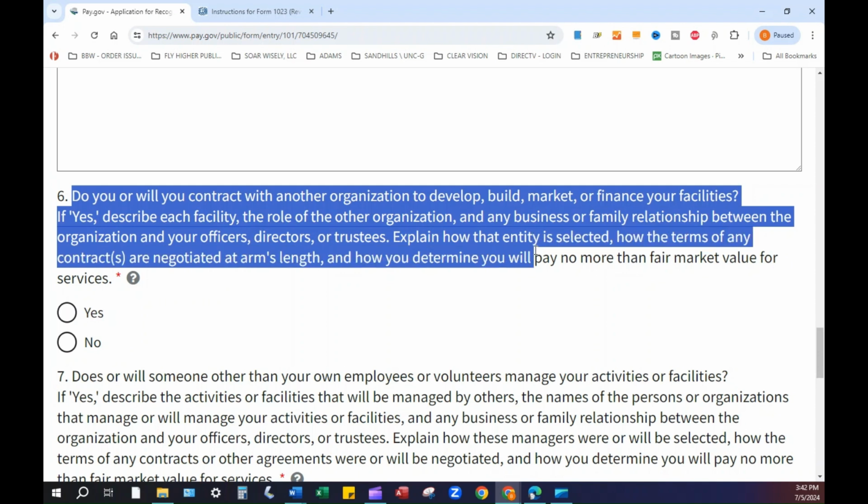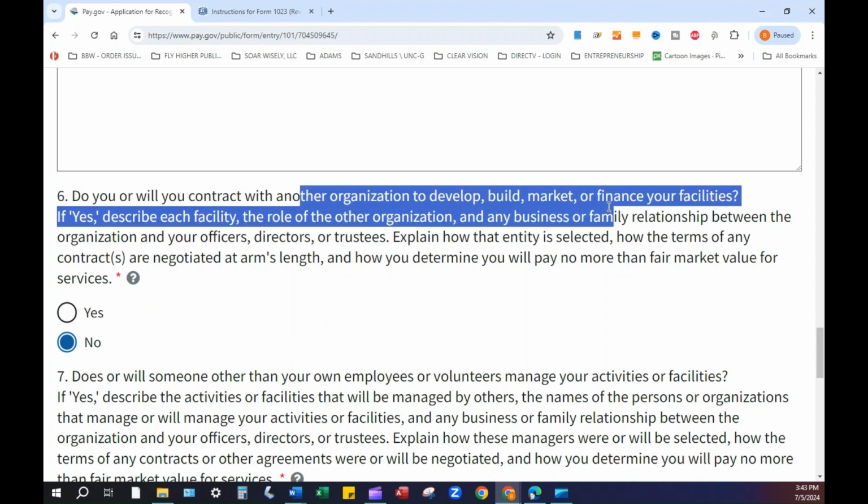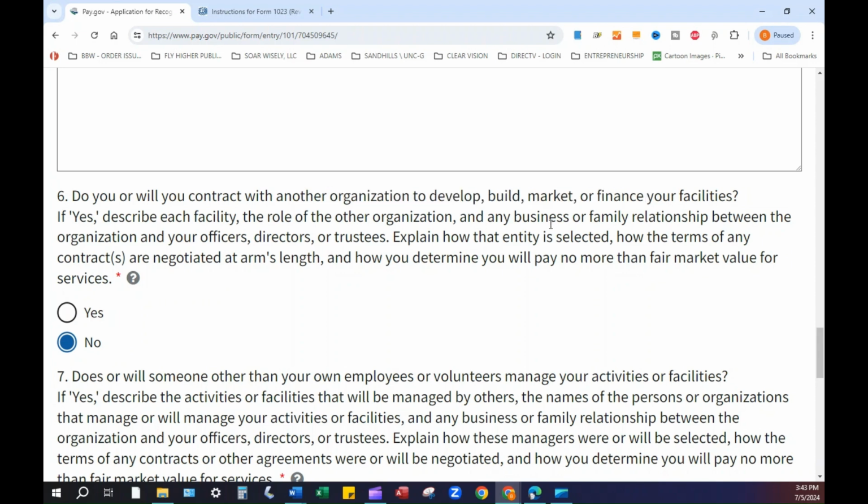Explain how that entity is selected, how the terms of any contracts are negotiated at arm's length, and how you determine you will pay no more than fair market value for services. Oftentimes, that's a no for my clients. They will not contract with another organization to develop, build, market, or finance their facilities. So oftentimes that's a no.